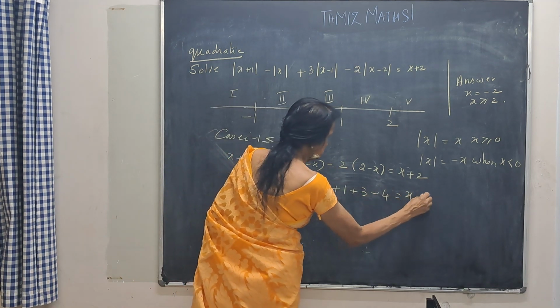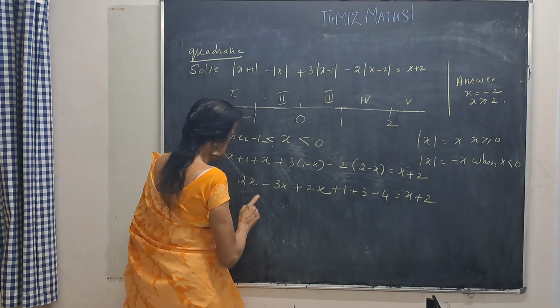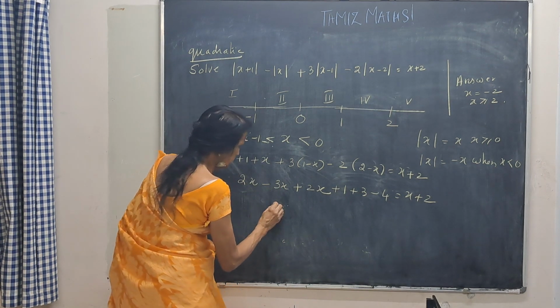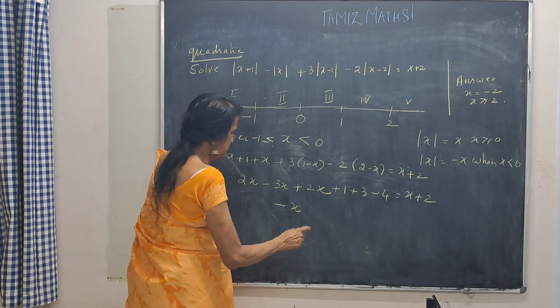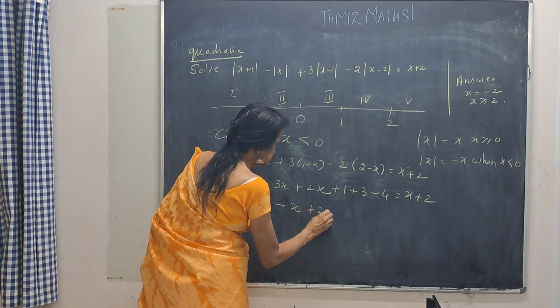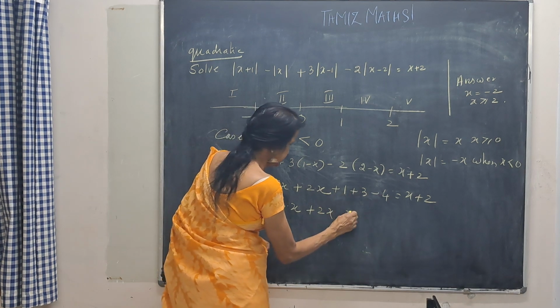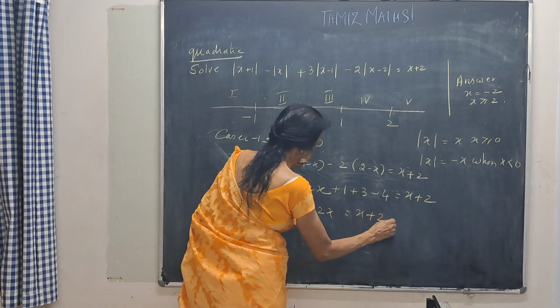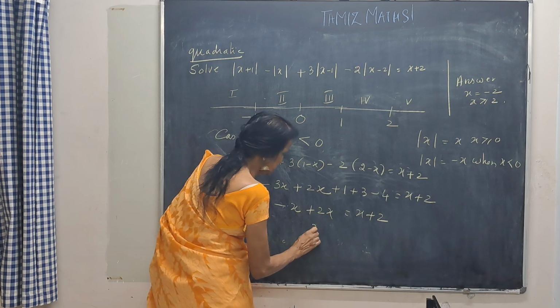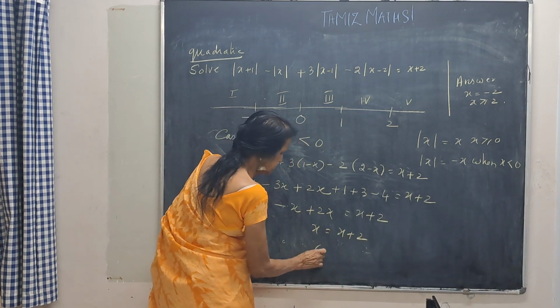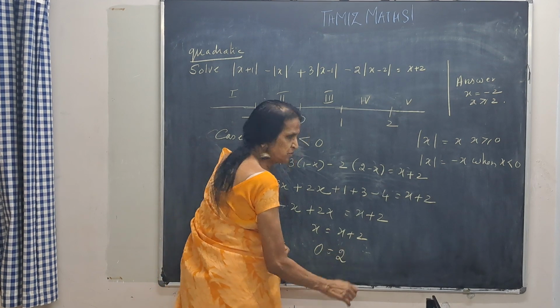That is equal to x plus 2. So 2x minus 3x minus x plus 2x. The 4 and 4 will get cancelled, equal to x plus 2. Minus x plus 2x, x plus 2. So x and x will get cancelled. 0 is equal to 2.